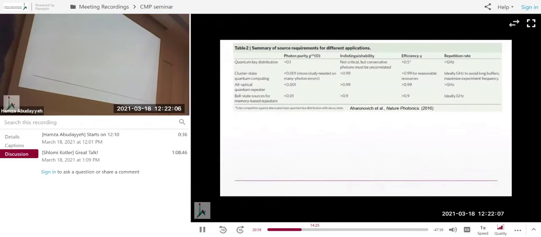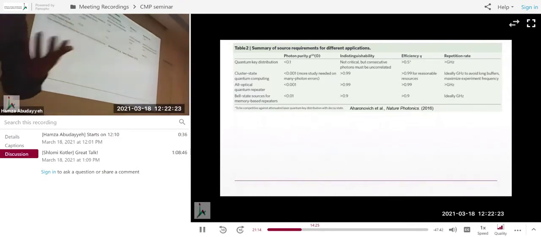Now, the different applications require different requirements. For example, you can see here a few such applications with what purity they require, whether or not the photons must be indistinguishable, and the efficiency and repetition rate, which are basically the brightness I was telling you about before.